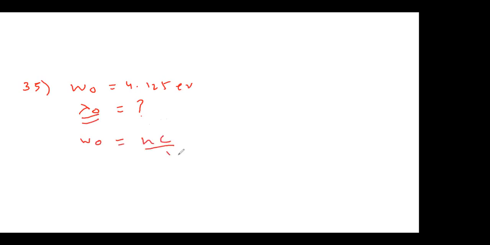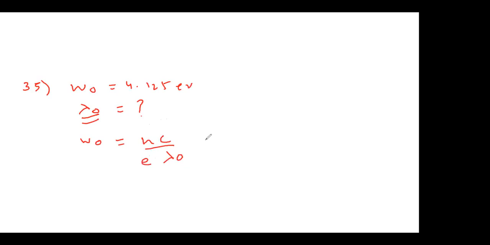35. Photoelectric work function for a metal is 4.125 electron volt. The cutoff wavelength of that surface is how much? Cutoff wavelength means lambda 0. So W0 is hc upon lambda 0, when W0 is in joule.